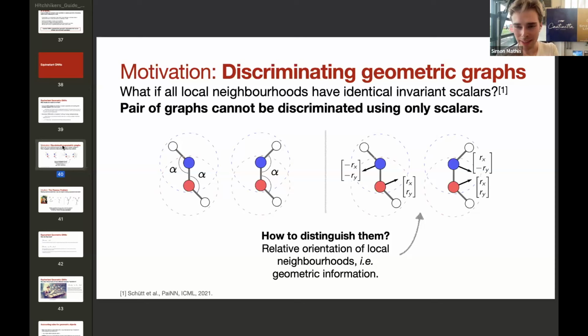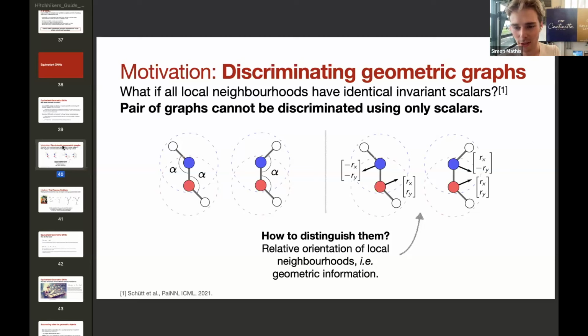They differ, however, in their equivariant local information, so in the way these one-hop neighborhoods are oriented. And you can see that illustrated by these little vectors, one pointing towards the left, whereas the other points to the right. And that's different from the left graph to the right graph.